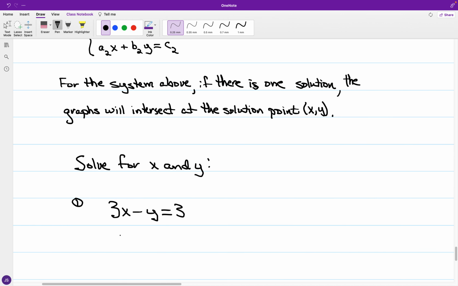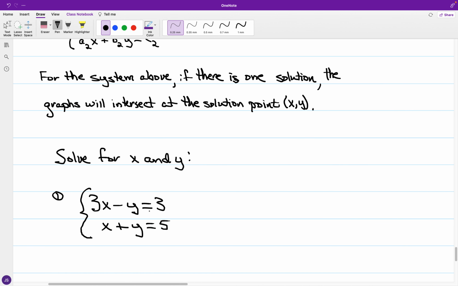And for the second equation in the system, we have x plus y is equal to 5. We'll use this notation to indicate both equations are in the same system. And if you notice, with what's referred to as the addition method, the equations can be aligned such that we can apply addition where we can cancel out one variable and solve for the other. So in this one, we can utilize the addition method.